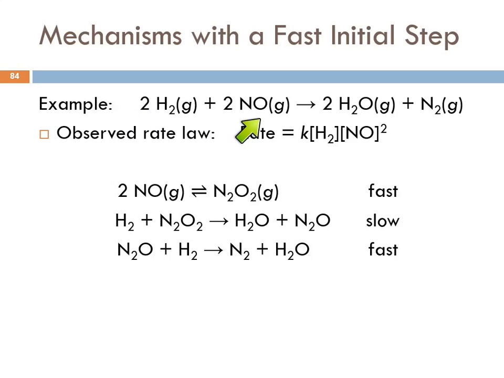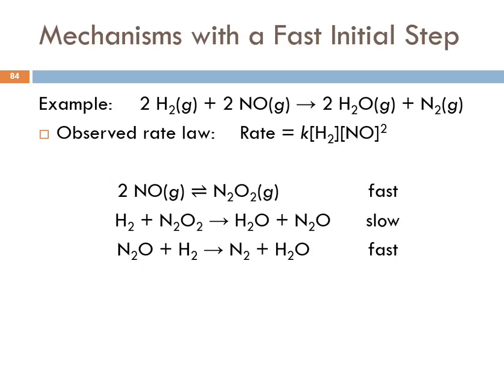Hydrogen and NO reacting to form water and nitrogen. This is our observed rate law. And this is the mechanism. Here we have 2 of the nitrogen monoxide reacting to form dinitrogen dioxide, N2O2. This is fast. Here's our rate limiting step, the second step, where hydrogen reacts with the N2O2 to form water and N2O.